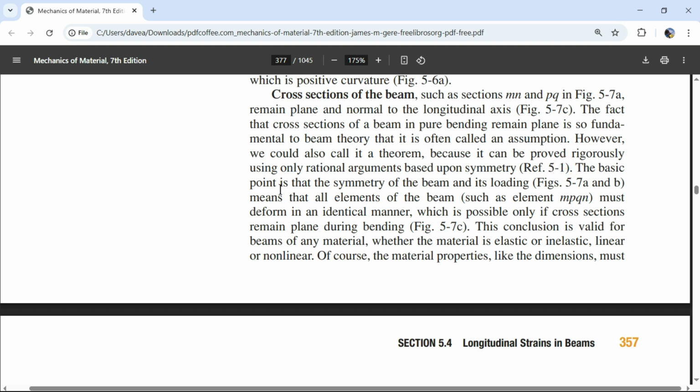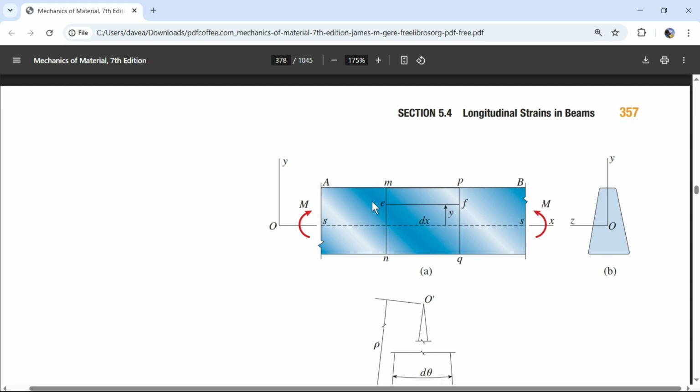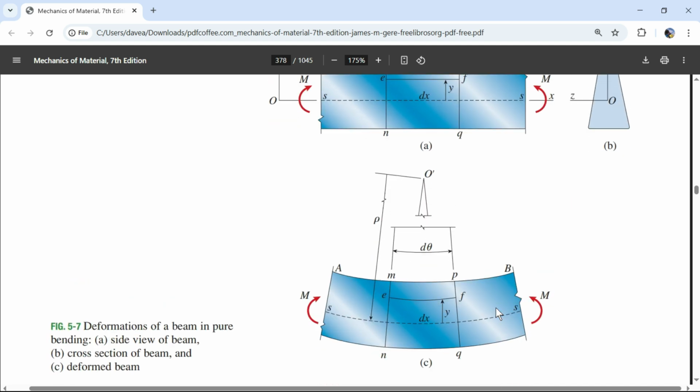The basic point is that the symmetry of the beam and its loading in the figures that we're looking at means that all elements of the beam, this figure is the undeformed, and this is the cross section. So it's kind of fascinating to get used to being like, okay, this is the B portion, that's the A portion of figure 5.7, this is the C portion.